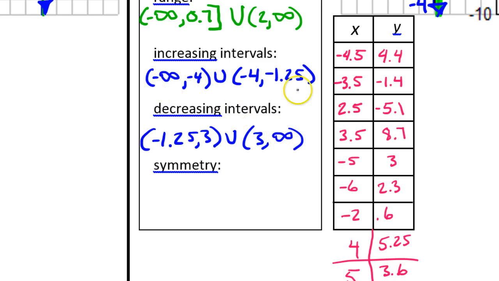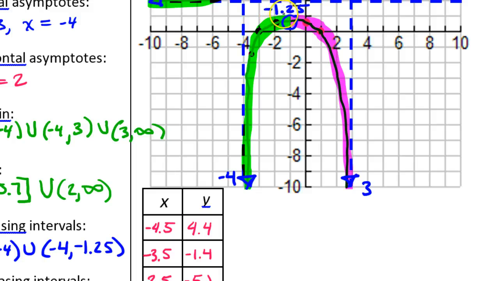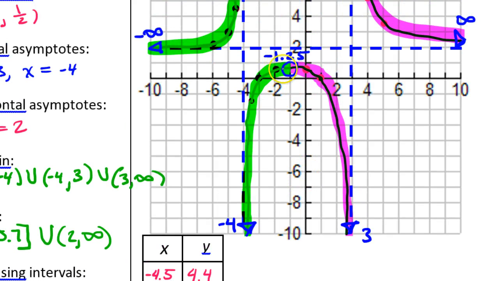Notice how I'm using only round parentheses, no square brackets, even on the numbers. Even on the 1.25. Clearly I won't use any square brackets on asymptotes because you never reach them. But the reason why I don't use a square bracket on the negative 1.25 is because it's increasing on its way to this point, and it's decreasing on its way out.